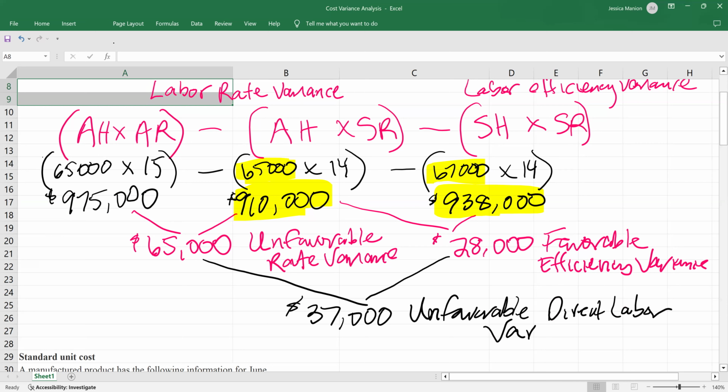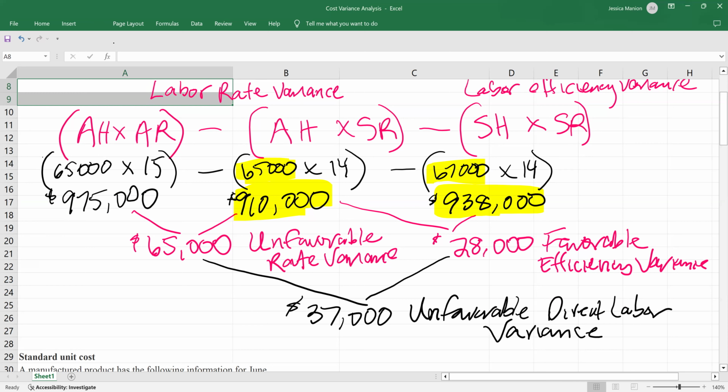So this 37,000, like we said, is what would actually show up on the flexible budget performance report. But then again, we could break that 37,000 down into a rate variance or an efficiency variance. So that's what we're looking at.